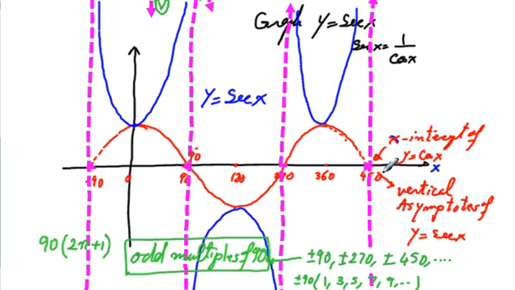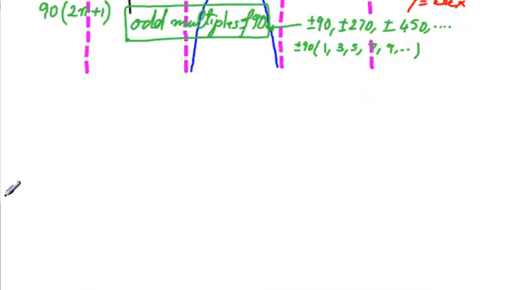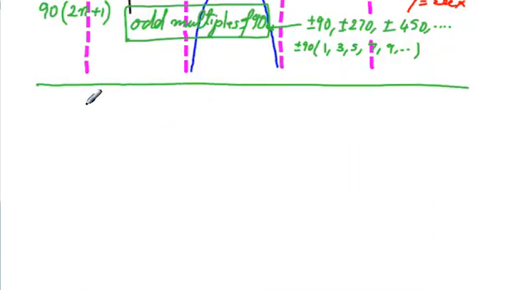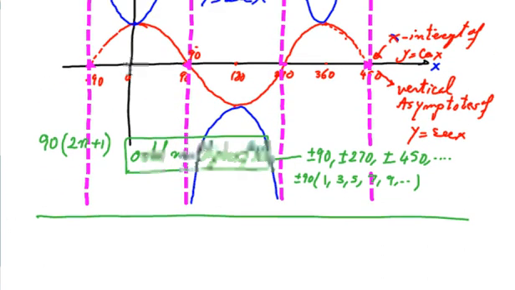Okay, let's move on to the next issue, which is how do you get the graph of cotangent? Again, we are trying to do all of these things first by using reciprocal identities.